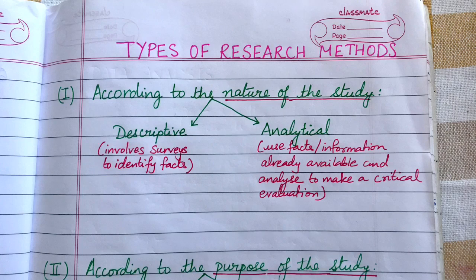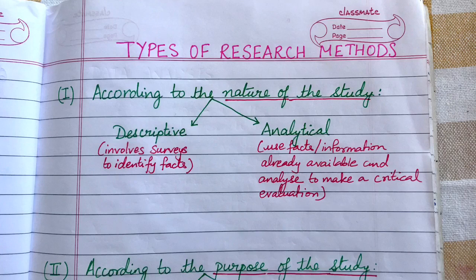In other words, descriptive research deals with just the description of the state of the situation, the way it is, as it is. And in this type of research, the researcher will have no control over the variables because the researcher is just describing the state of the condition as it is.